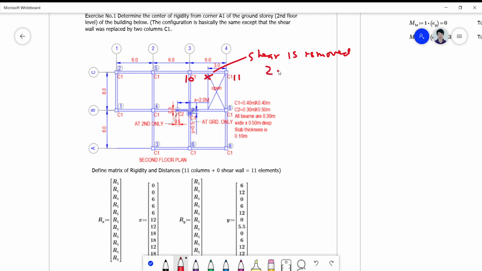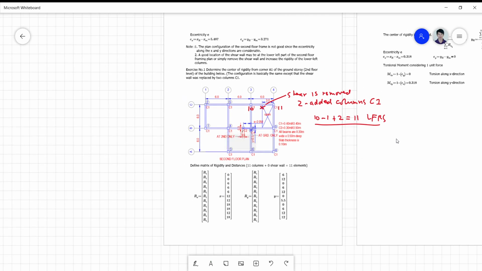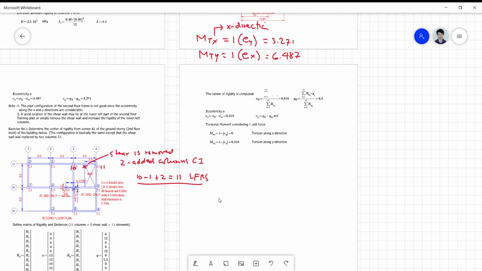So two added columns, which are the same as C1. Okay, so it's 10 minus 1 plus 2. So all in all, we have 11 lateral force resisting systems. Okay, so I want you to do this exercise, and the answer is already given. So please verify the result.